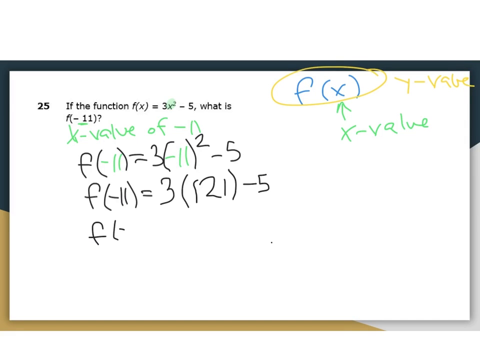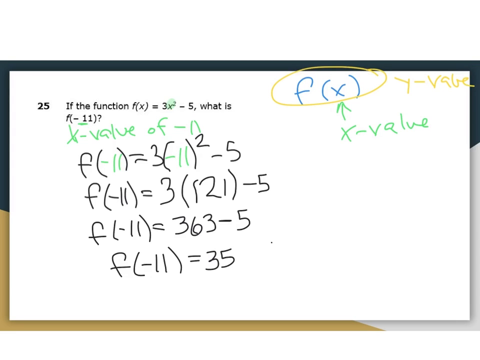So I'm going to go ahead and condense the 3 times 121. 3 times 121 comes out to 363, and we still have to subtract the 5, and we're left with f of negative 11 is equal to 358.